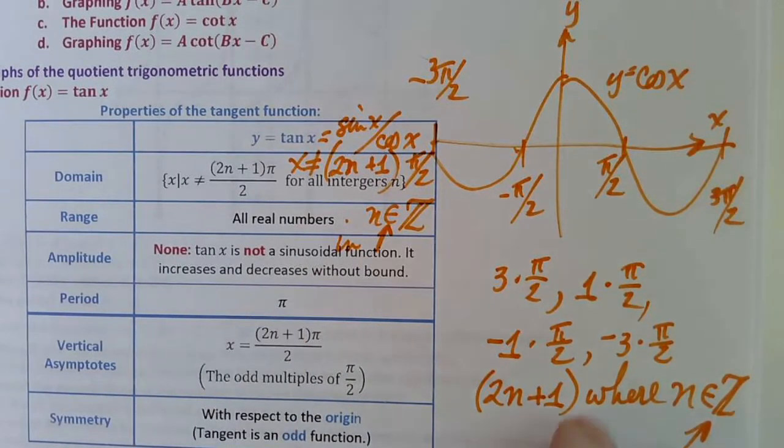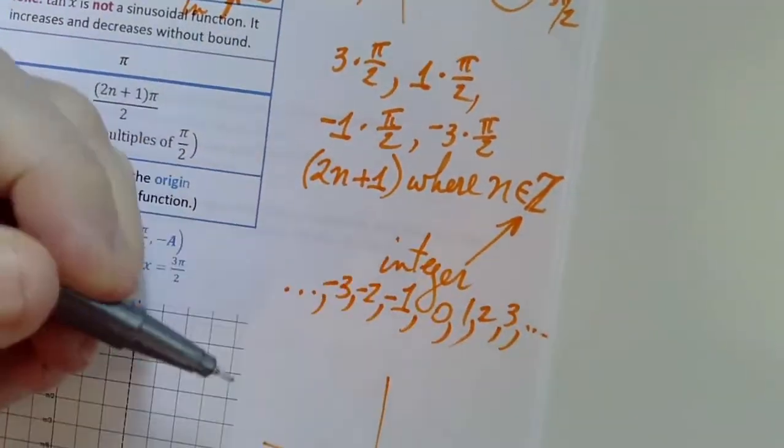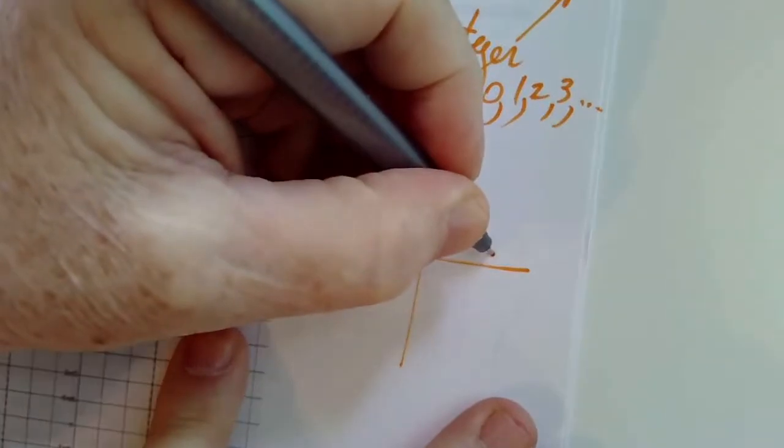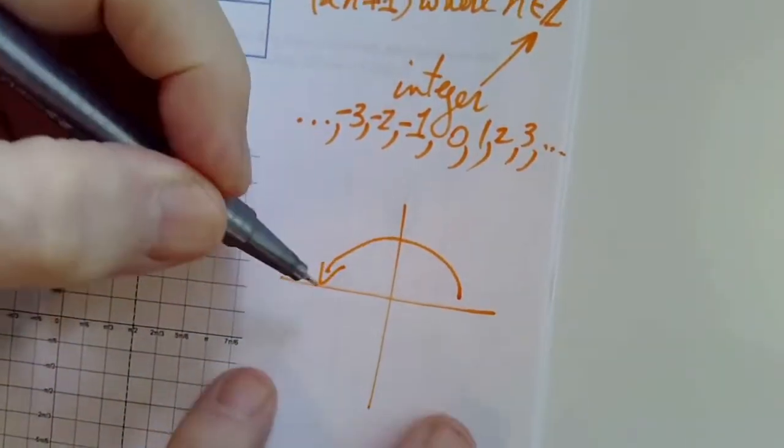And that's because all we have to do is go halfway around the unit circle to get repeating values.